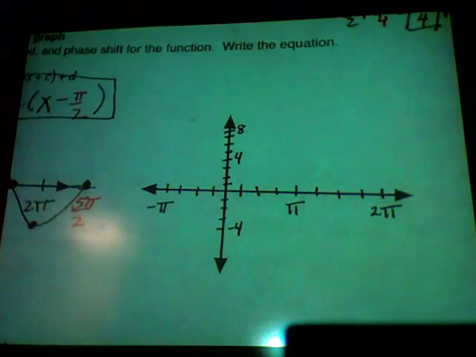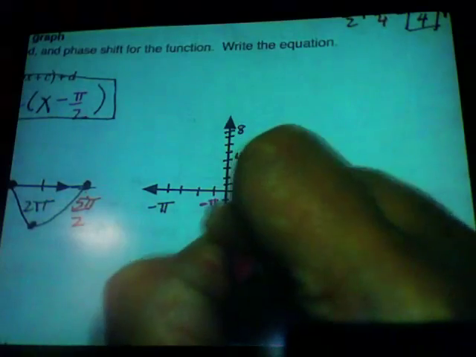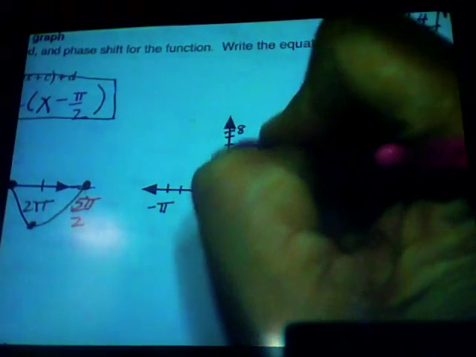Then you are going to put a point at negative pi over 4. So here is negative pi over 4. You're going to put a point all the way up here at 8.